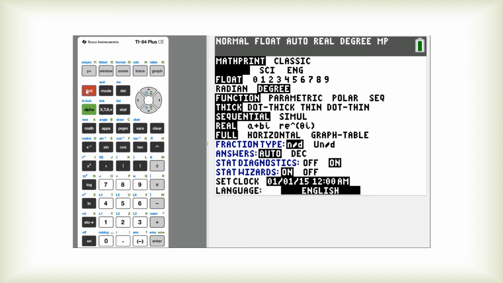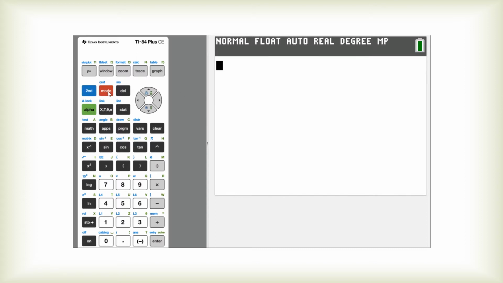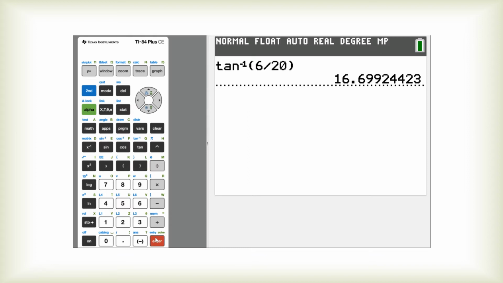So I'm going to back out of that, second quit, go back to my math screen, and hit second tangent, which brings up the inverse tangent function. I'm just going to put in 6 divided by 20, close my parentheses, hit enter, and I'm supposed to round this to the nearest tenth, and that measure of angle A that we saw on the previous slide is 16.7.